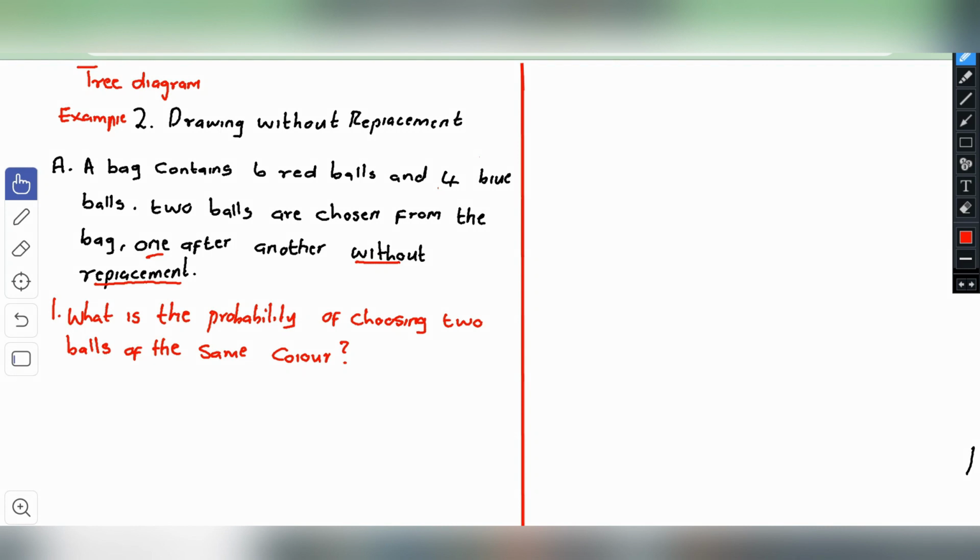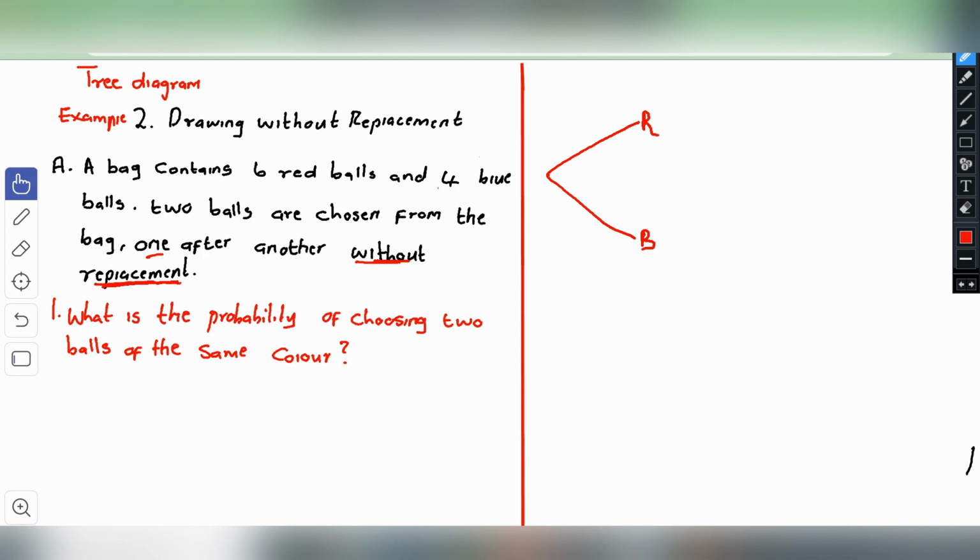The statement says a bag contains 6 red balls and 4 blue balls. The 2 balls are chosen from the bag one after another without replacement. So it means we're going to have the first branch, which here is going to be red, and here it's going to be blue, because the 2 balls are chosen from the bag one after another and without replacement.